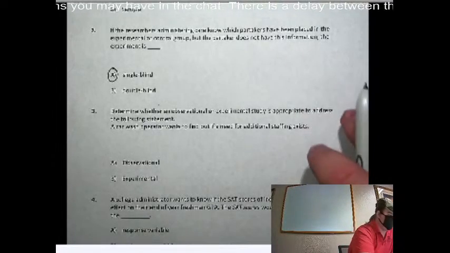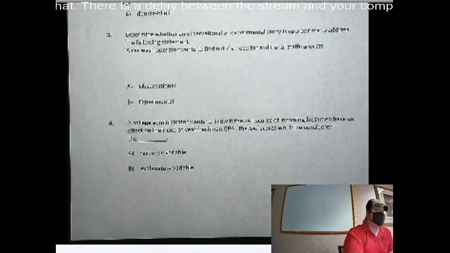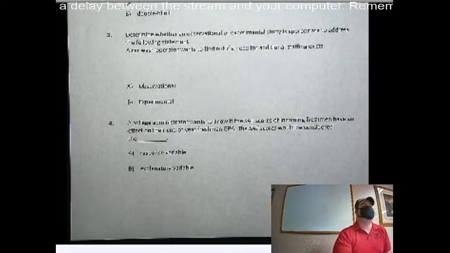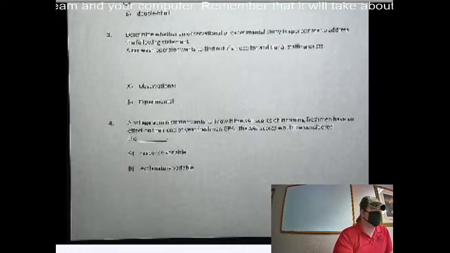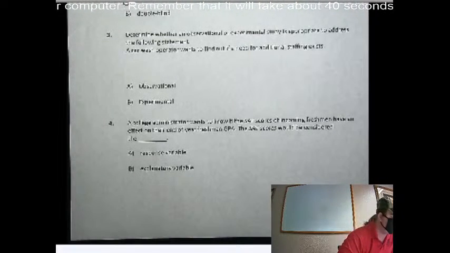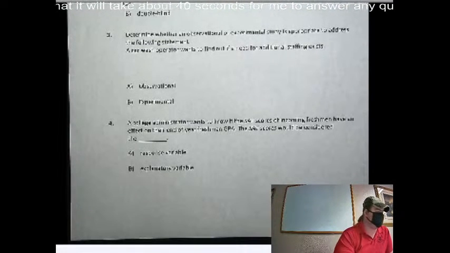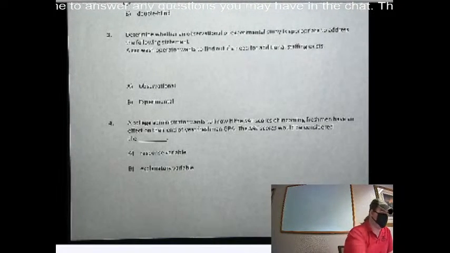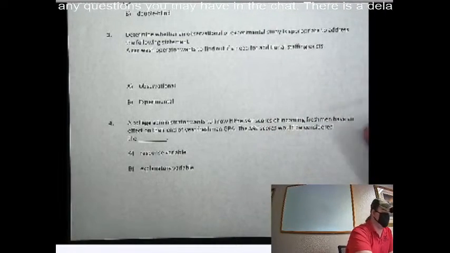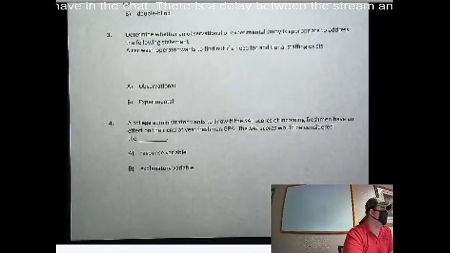All right. Next, determine whether an observational or experimental study is appropriate to address the following statement. A car wash operator wants to find out if a need for additional staffing exists. So would this be observational or experimental? We could do an observational. In fact, I'm going to kind of throw this one out because you could get away with an observational. An experimental, though, is what I would think is more appropriate.